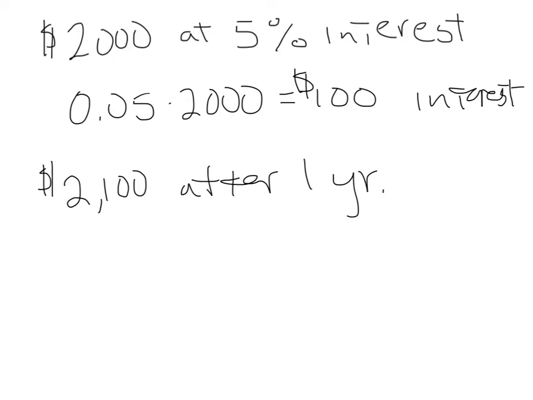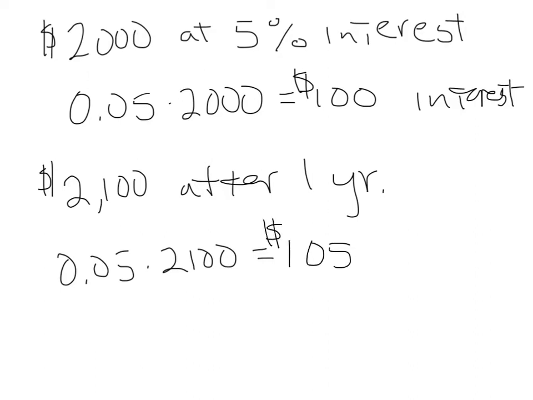So, in this case, we would get 0.05 times 2,100, which is going to be $105 now in interest instead of $100 in interest. In other words, we're getting interest on our original principal plus all the interest we've gathered so far.